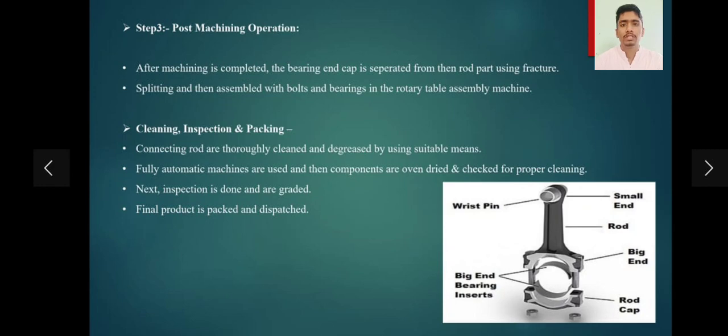Fully automatic machines are used, and then components are oven dried and checked for proper cleaning. Next, inspection is done and they are graded. The final product is packed and dispatched.